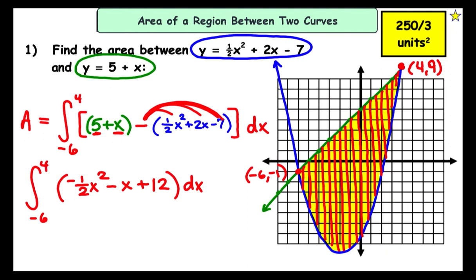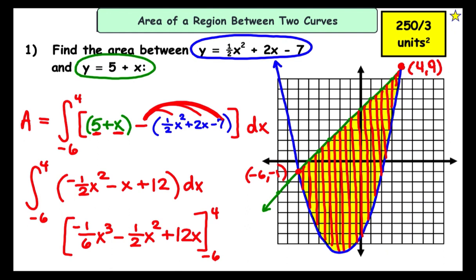Up by a power, divide by the new power. And you would have that. And then plugging in the 4 followed by the negative 6. The 4 getting plugged in would give you 88 thirds. Obviously, I'm saving a little time here.